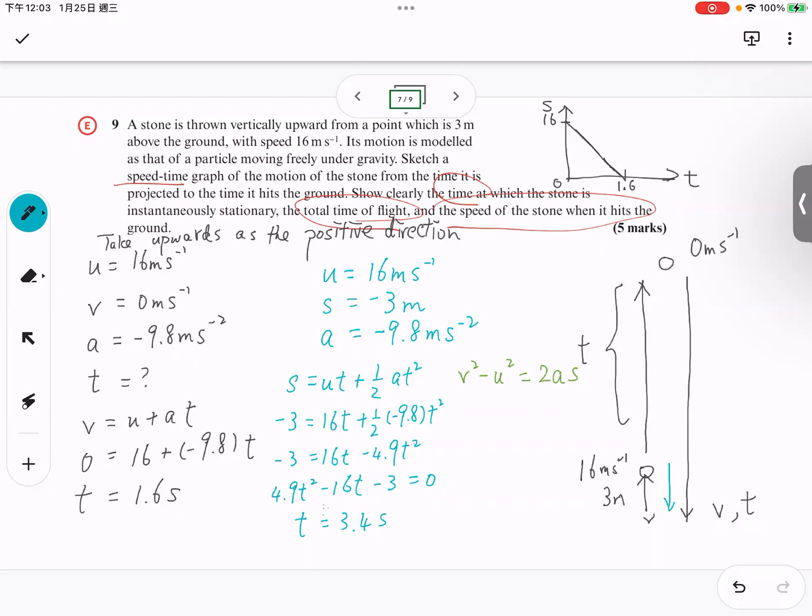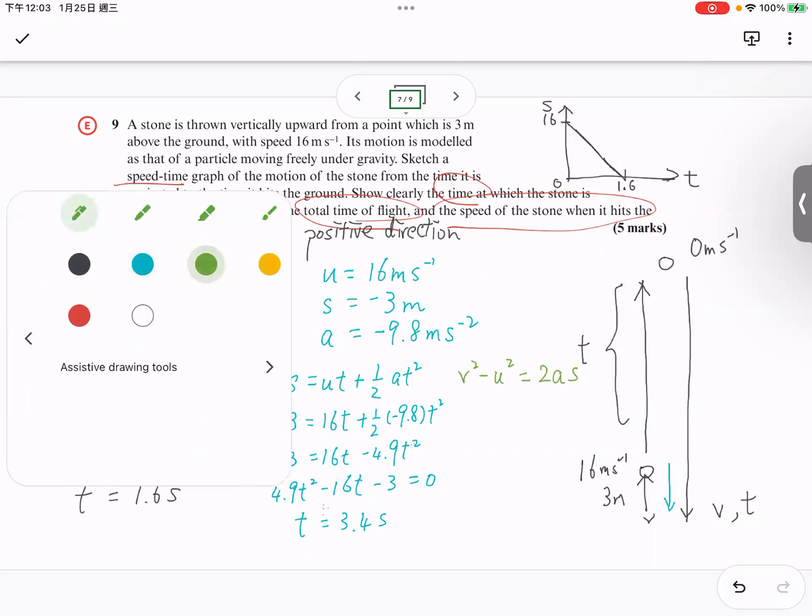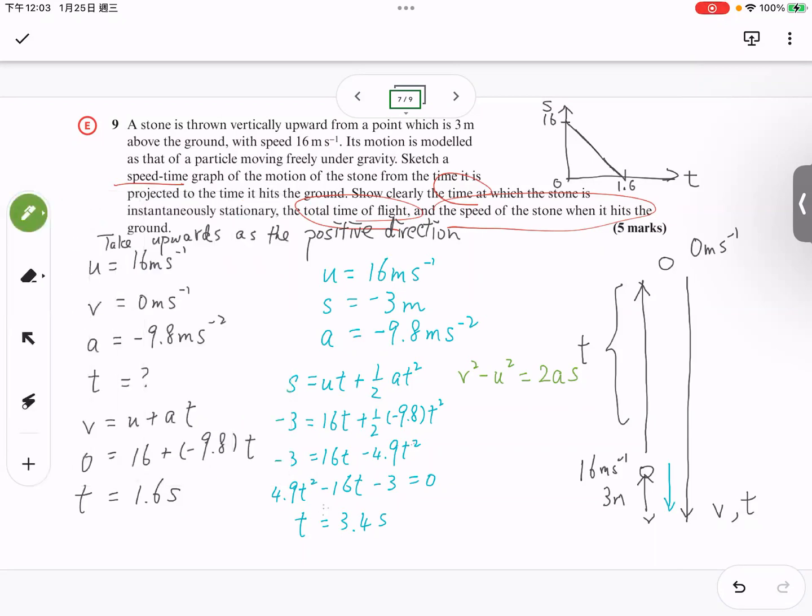And the next one I want to find out is v, the velocity here. Okay, we use v squared minus u squared. So v squared minus 16 squared equals 2 times -9.8, and also the s this time is -3.